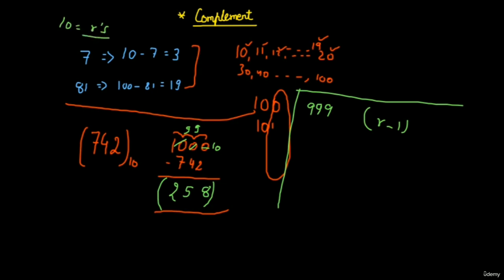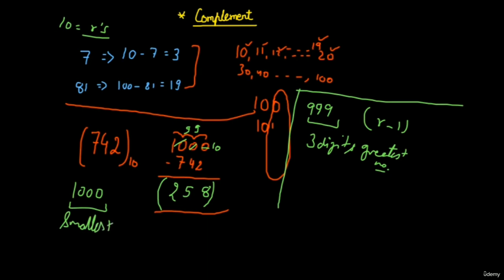Now you get the point. So why do we take this number? Because this is the 3-digit greatest number. And if you look closely, in this case 1000 is the smallest 4-digit number.